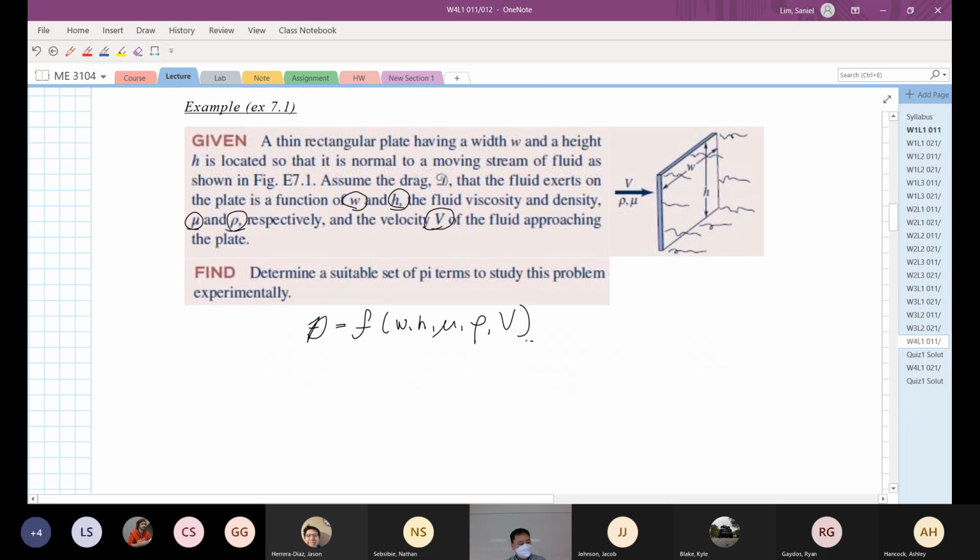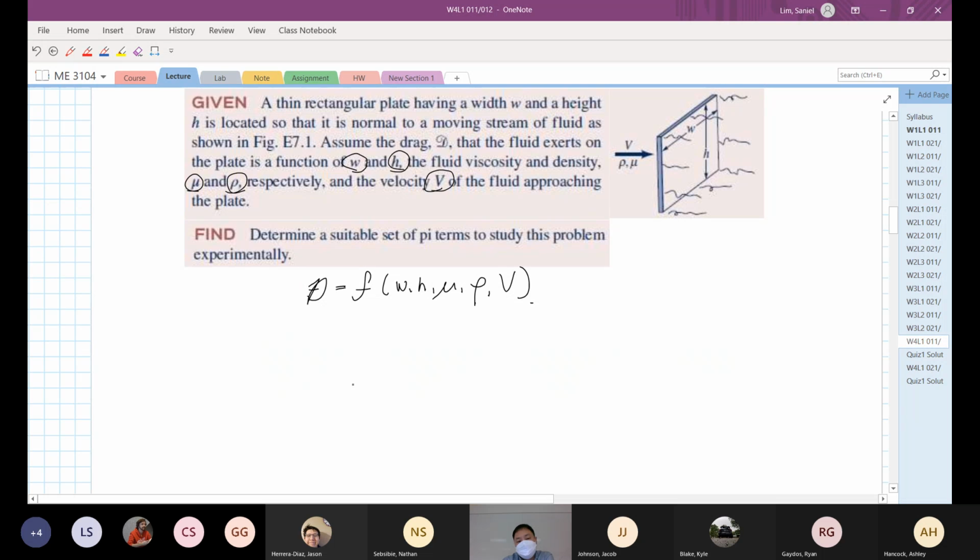What's the next step? Just write down and express all the variables with their units. This is a force, which means a fluid mechanical system, so you can use the FLT system or the MLT system. That's totally fine.